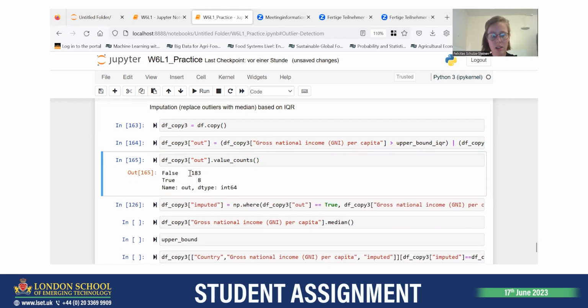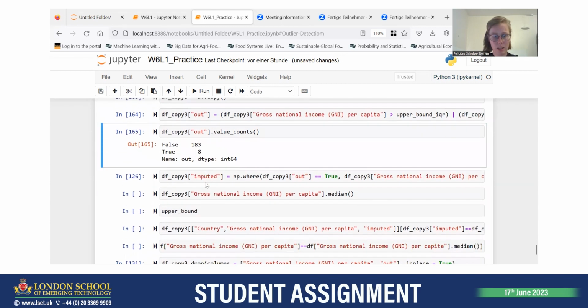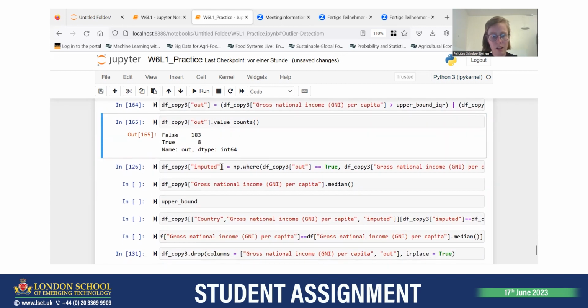So here you can see that 183 data points or rows do not fulfill the condition, so are not outliers, and 8 are actually outliers, which is in line with what we've detected above. And then I create another column called imputed with an np.where statement.